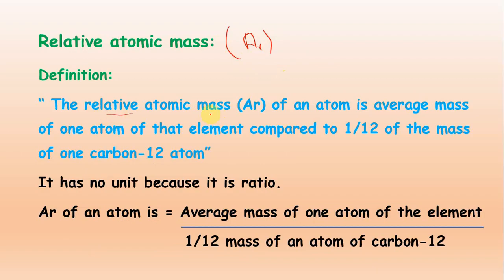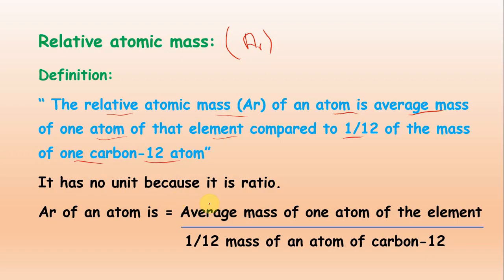Relative atomic mass Ar of an atom is the average mass of one atom of that element compared to 1/12 of the mass of one carbon-12 atom. It is the same as atomic mass, but here we are comparing the mass with the standard element, that is carbon.